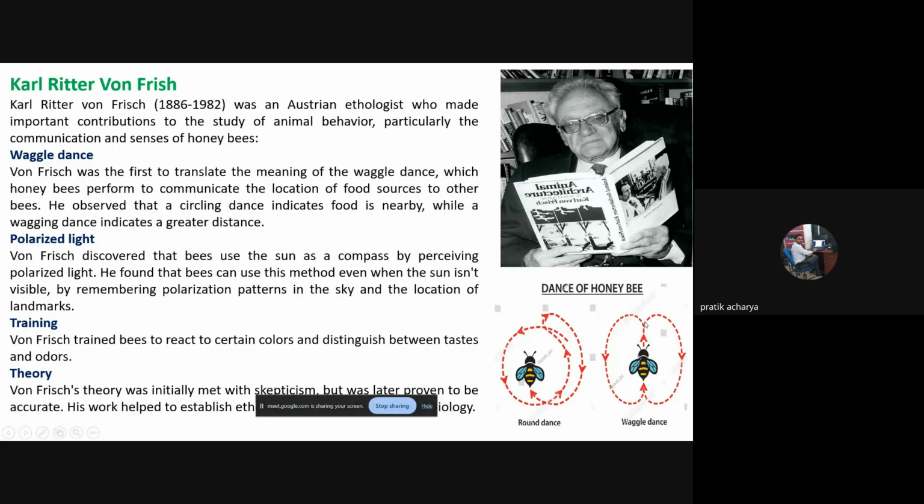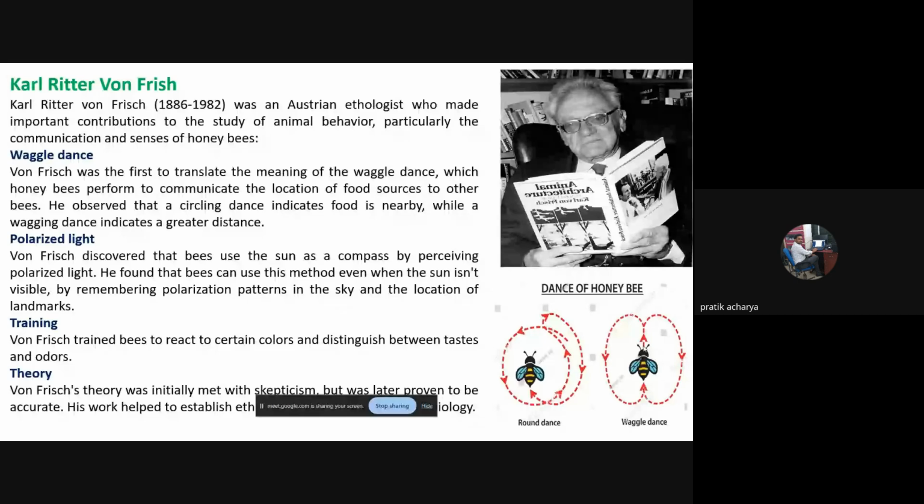So this is one pattern. If they find a food source, they try to call other members of their group to come to that place and get the food. For that, they perform the waggle dance.